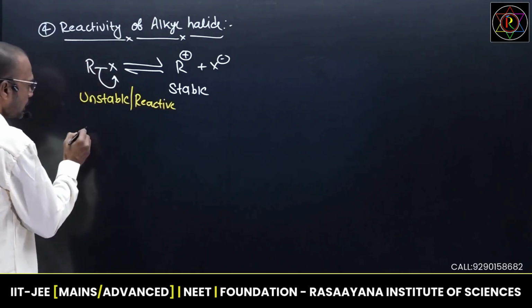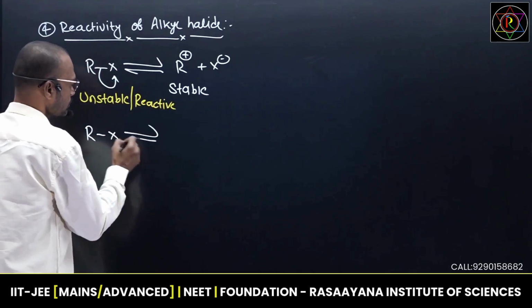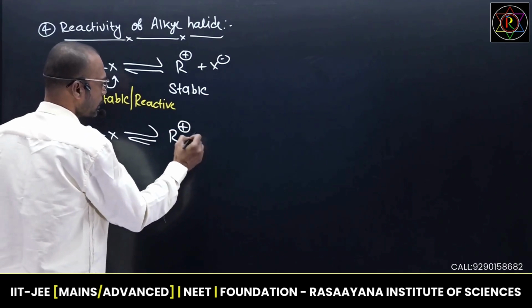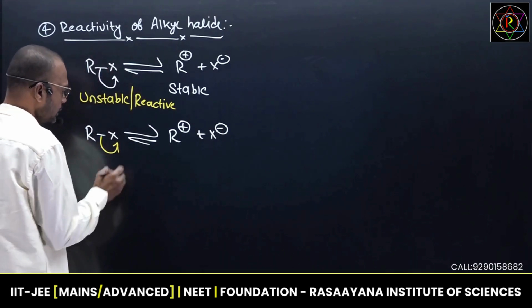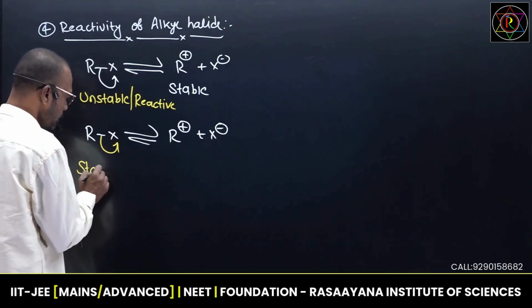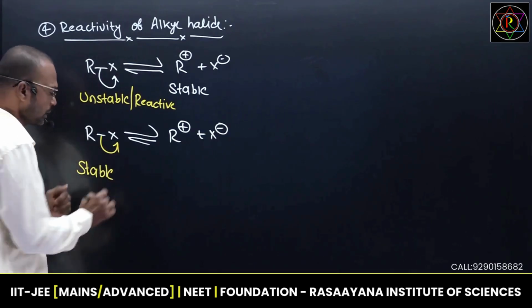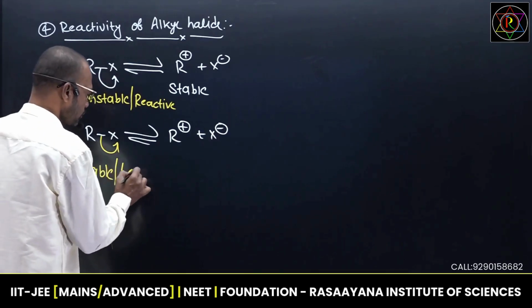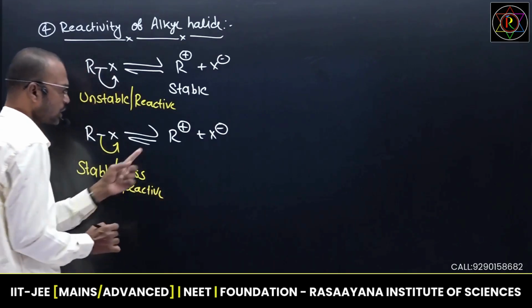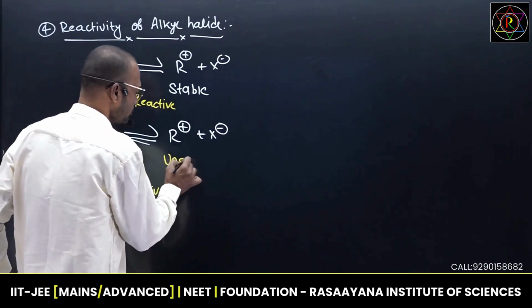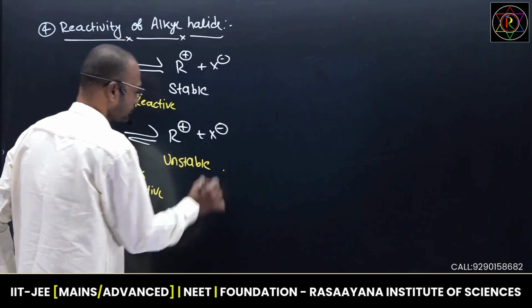Now second possibility, if I take RX, R is removed in terms of cation, X is in the form of X minus by transferring like this. Now I am saying that the original molecule is already stable. Stable means less reactive. It is less reactive because it is giving an unstable cation.